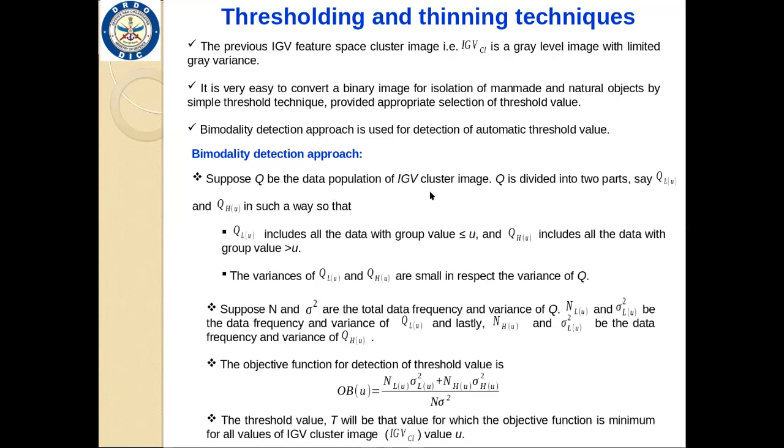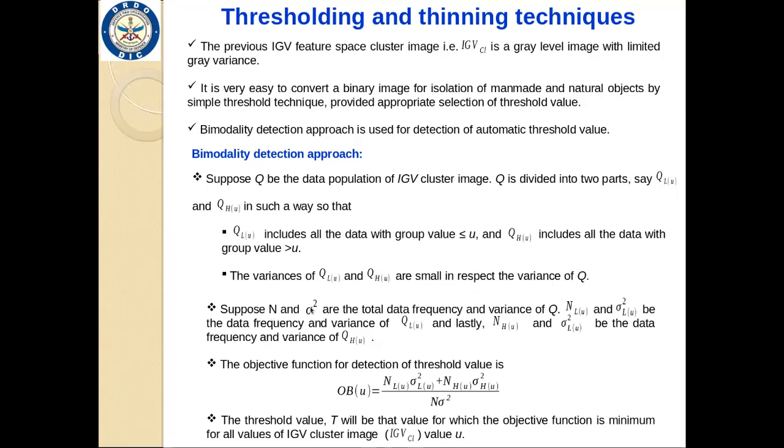Here, the bimodality detection approach, what is that? The whole image, suppose the population is Q. Now I have to find one value U that divides it into two parts, QLU and QHU, in such a way that QLU includes the data with gray value less than or equal to U, and QHU the data greater than U. Then the variances of QLU and QHU are small with respect to Q. That is obvious.